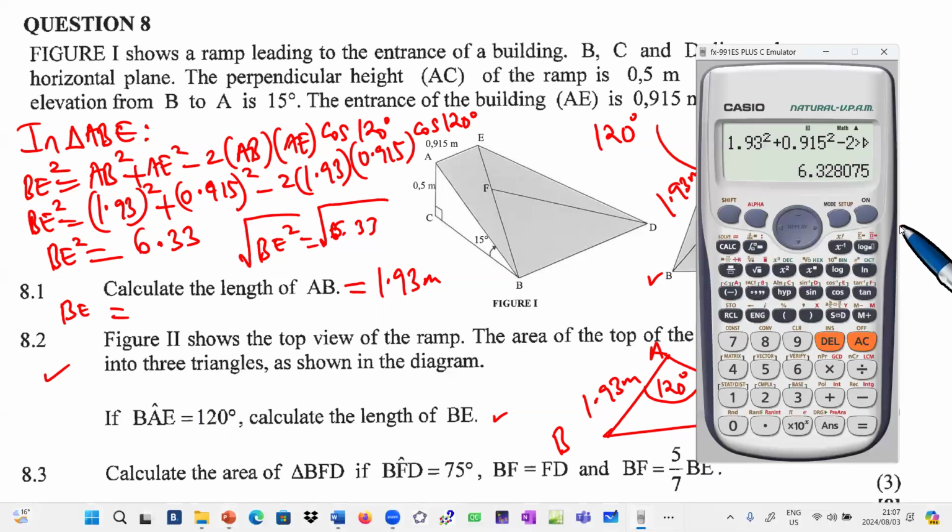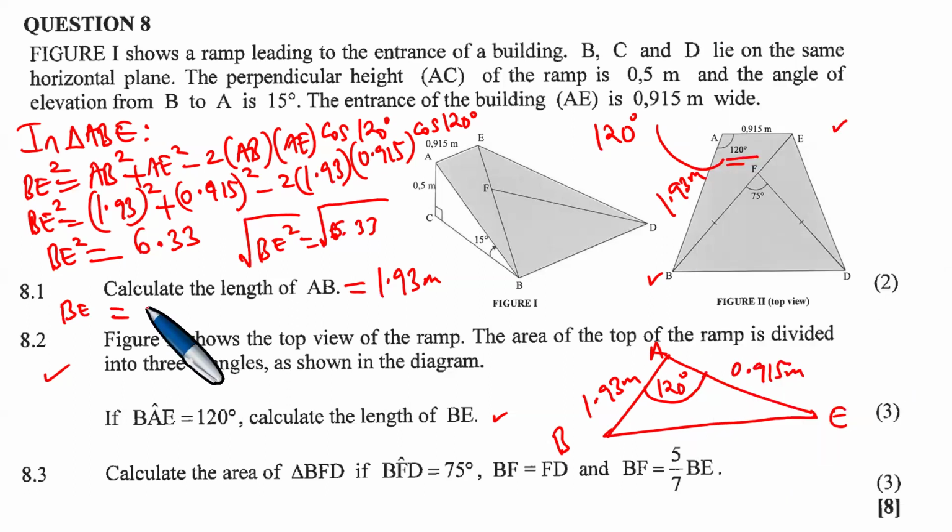So this is going to become the square root of 6.33. That square root is 2.52. So this is 2.52 meters.